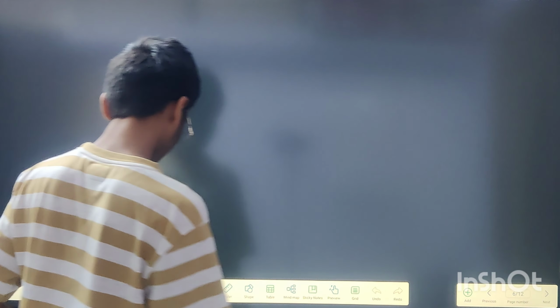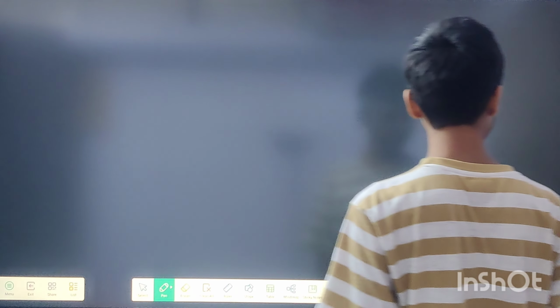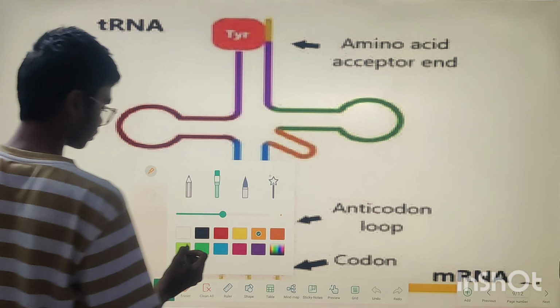Then coming to the structure, we are also going to discuss the structure. Here it is translation. So this is the structure of tRNA.